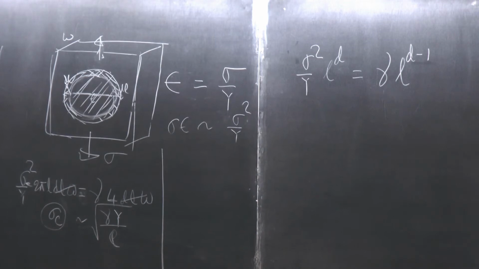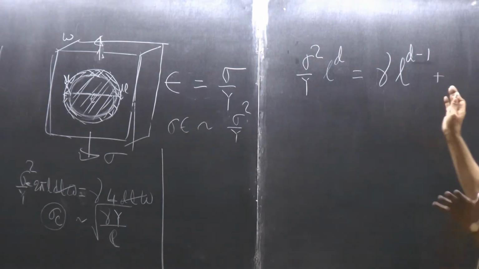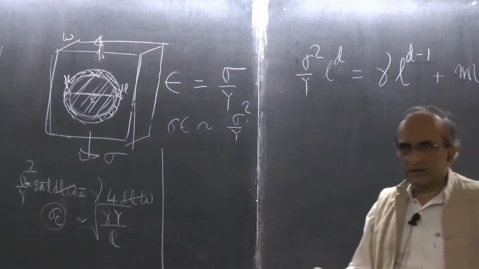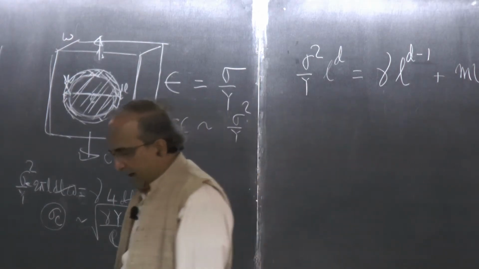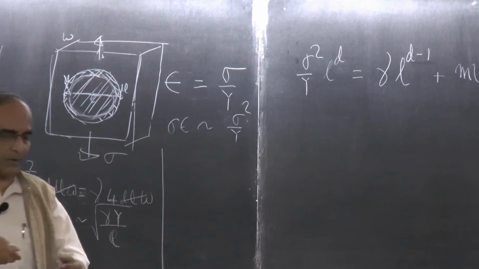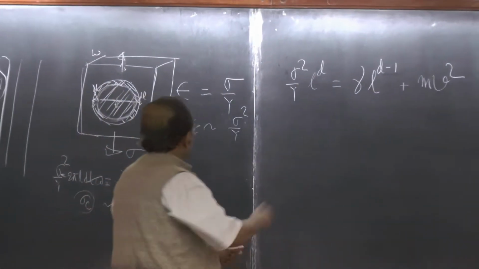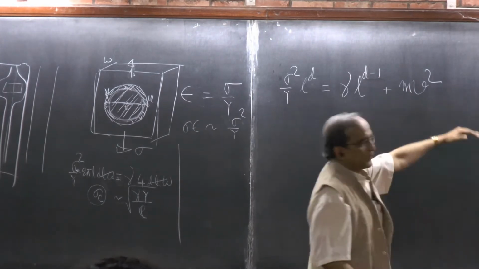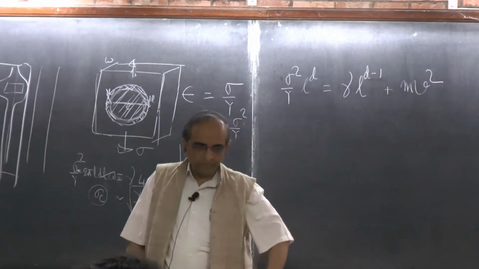So the surface will be 1 dimension less, plus this is order of magnitude kind of thing, some half m v square, is the kind of kinetic energy of the crack. I mean, if you put more force, more stress, then the released energy will be more than this one, and then there would be a crack tip velocity.